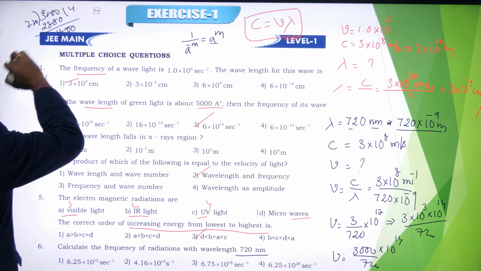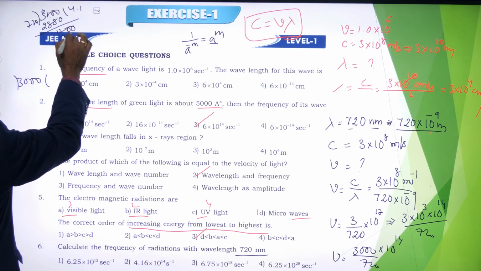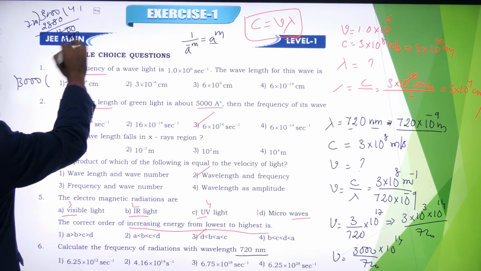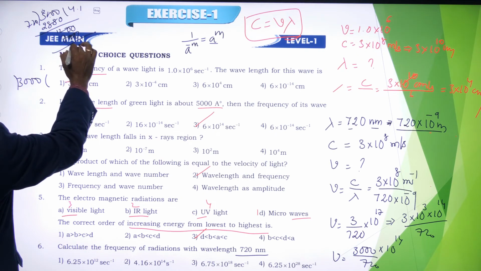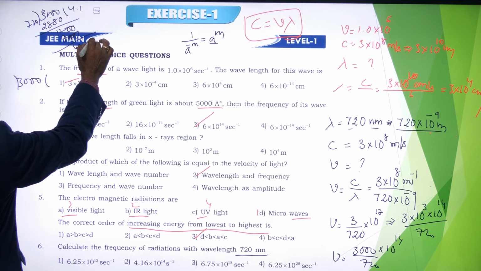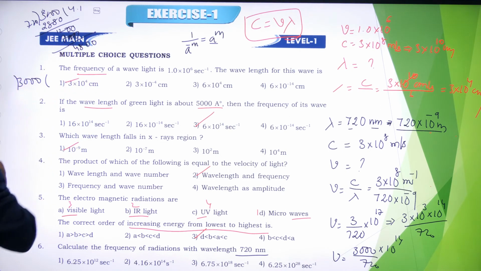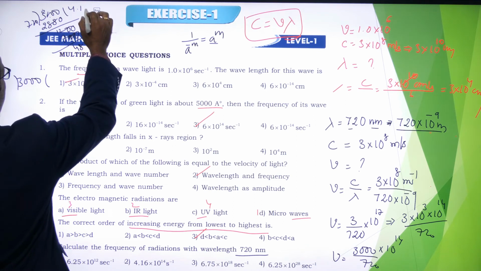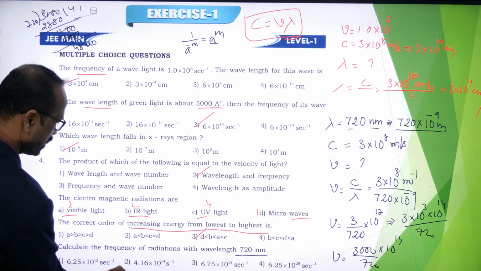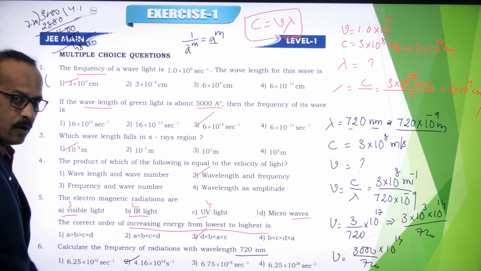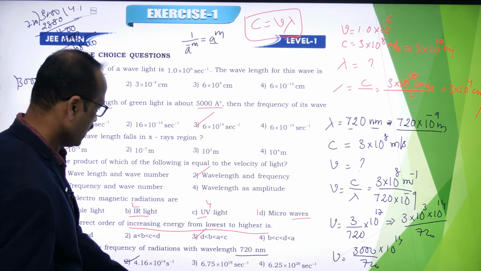I'll put a point and again 0. 7 1s are 7, 20, right? Here left with 11 minus this is 480. I'll get one more 0 here. Now 7 5s are 7 6 approximately. I'll get 4.16. So 4.16 into 10 to the power of 14 per second is the right answer.